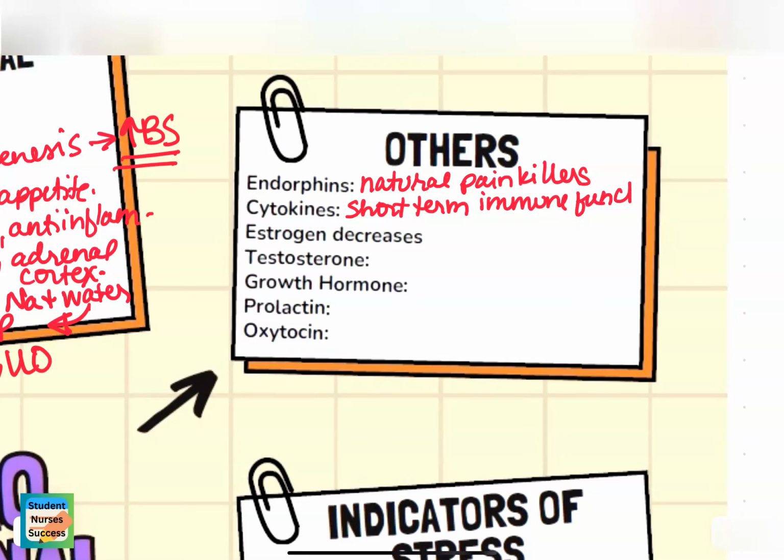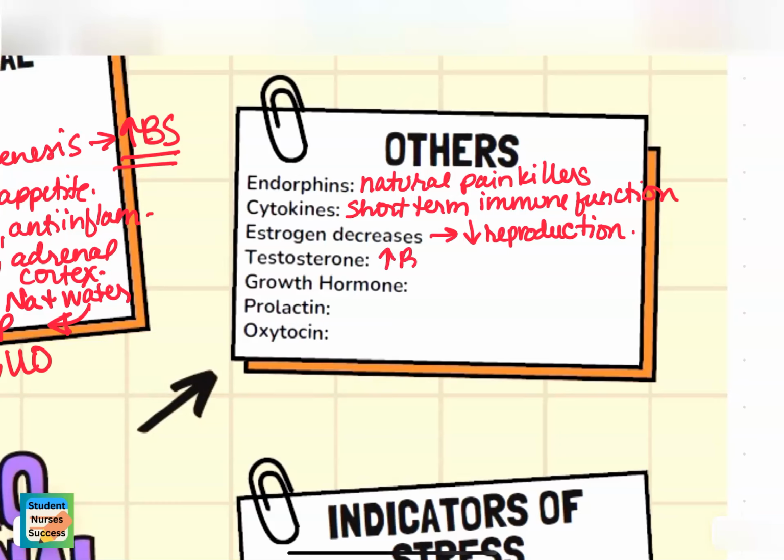However, long term, they become a problem. We know that estrogen actually decreases during stress, which actually lowers reproduction. I mean, there's no need to reproduce during times of stress.